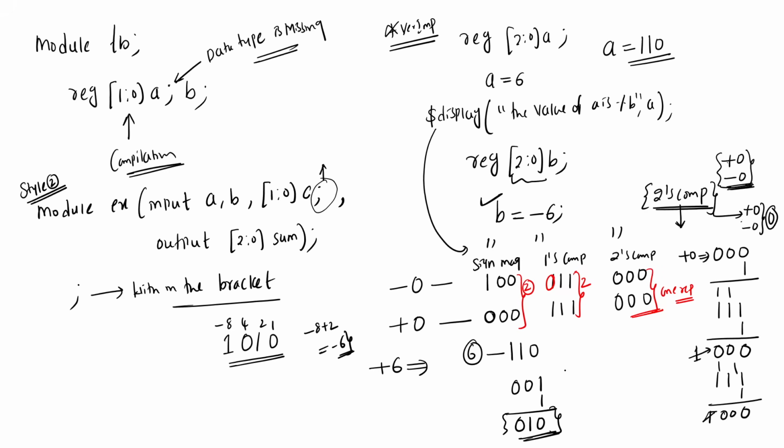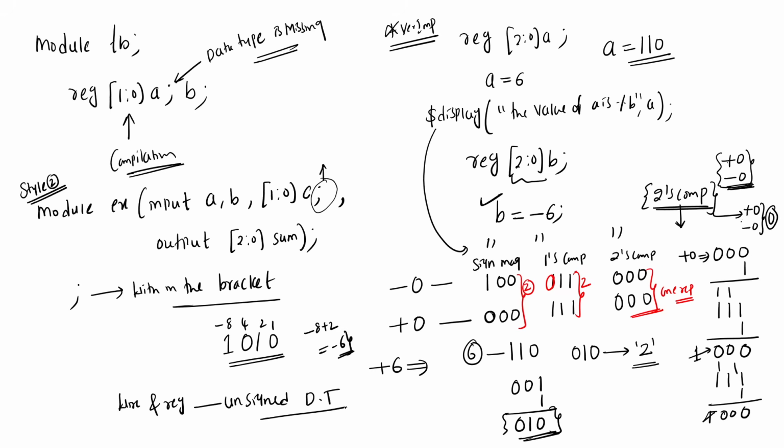But if you want to display this value in decimal, it will display 2 only, not -6. This is because wire and reg are unsigned data types.